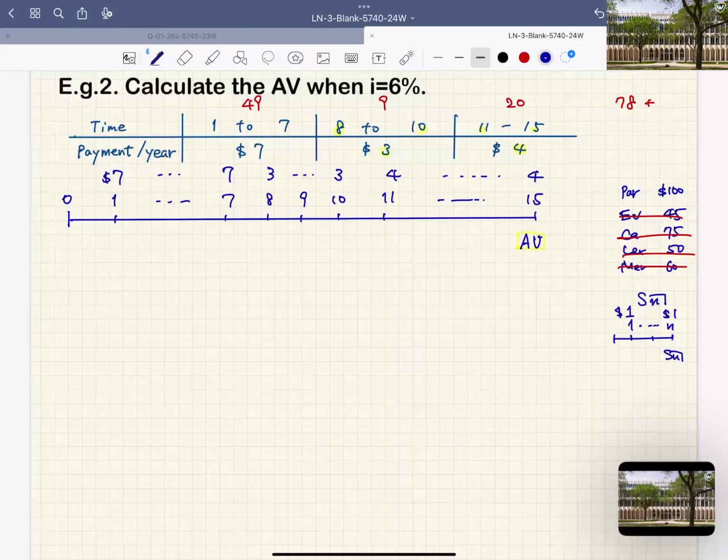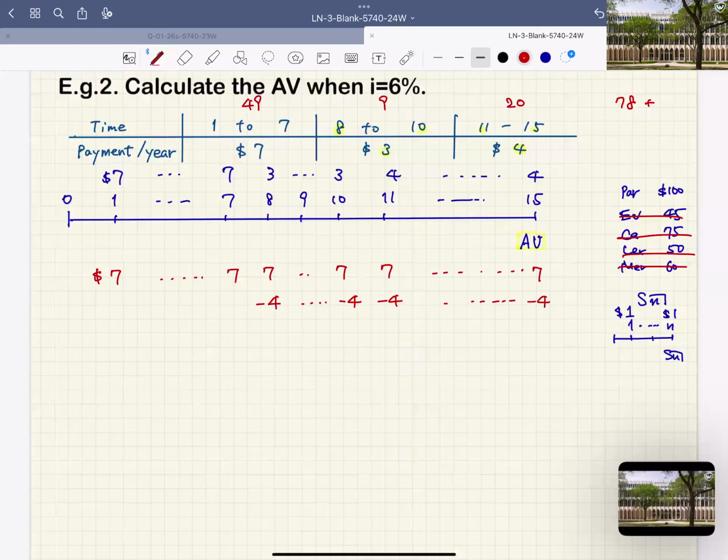Because of that, we want to make at first the payment of $7 for 15 years. So 7, 7, 7. Then next, we want to adjust this to $3 by thinking about the negative $4 payments from t equal to 8 to t equal to 15.